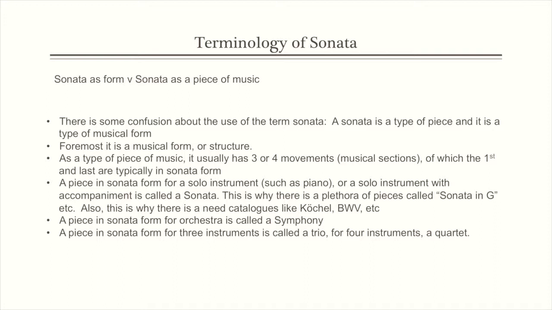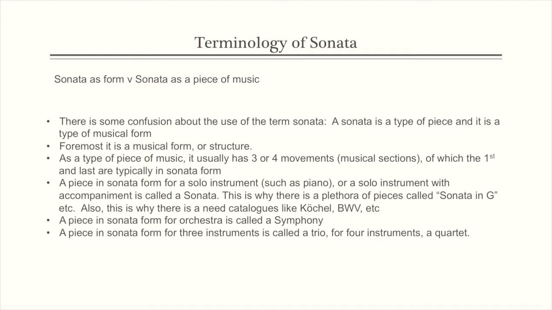On the other hand, a sonata for orchestra is called a symphony. So a symphony is really just a sonata for orchestra. And if you have a solo instrument with orchestra, that's called a concerto.